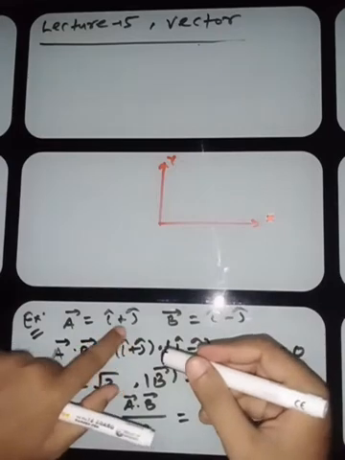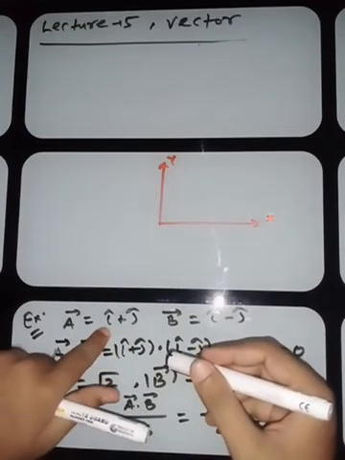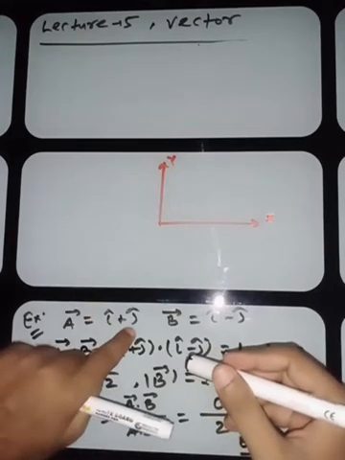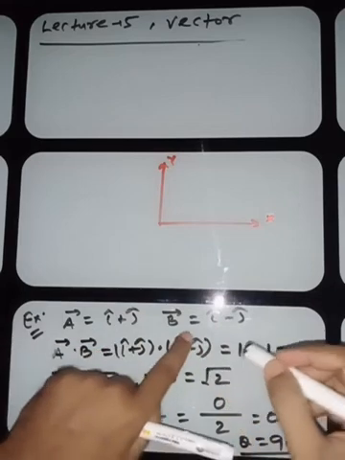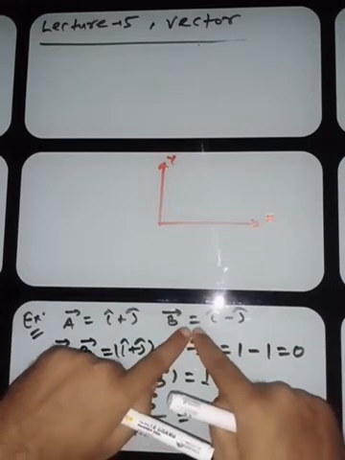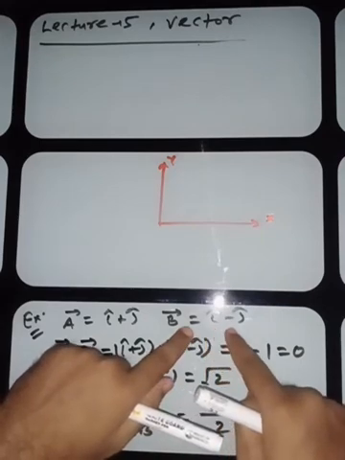For i plus j, the magnitude along the x-axis is 1 unit, and along the y-axis it is also 1. For vector B, the magnitude along the x-axis is 1 and along the y-axis it is minus 1.